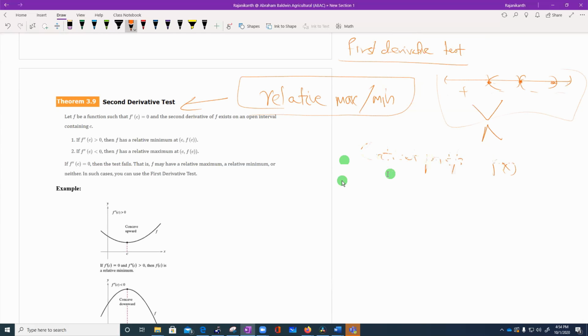Then simply find the second derivative of the function and plug those critical values into the second derivative function.